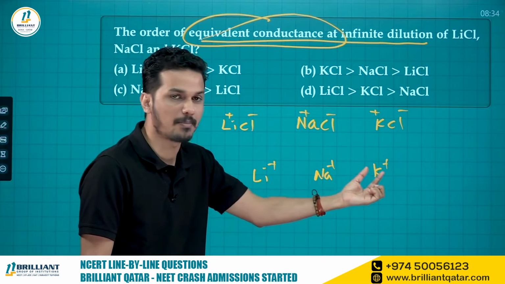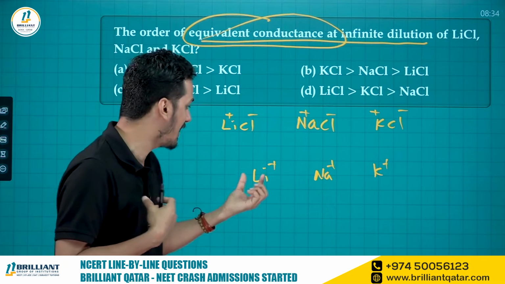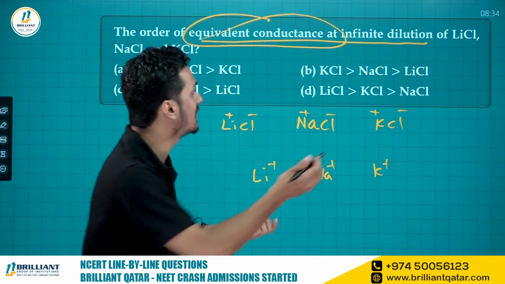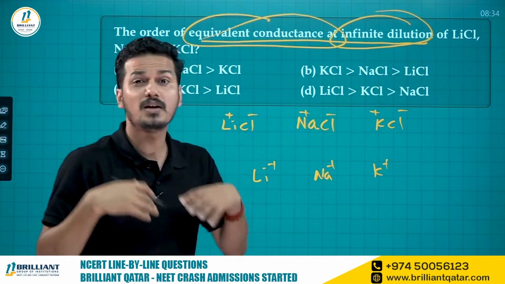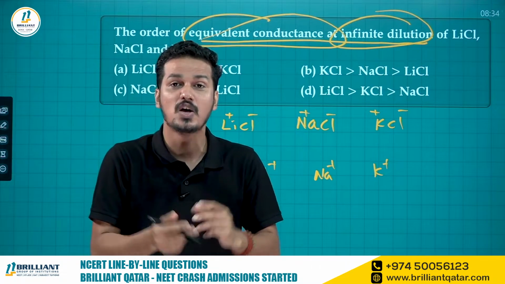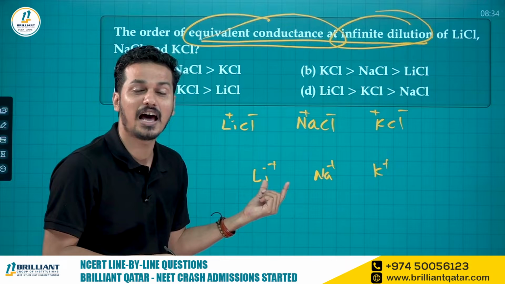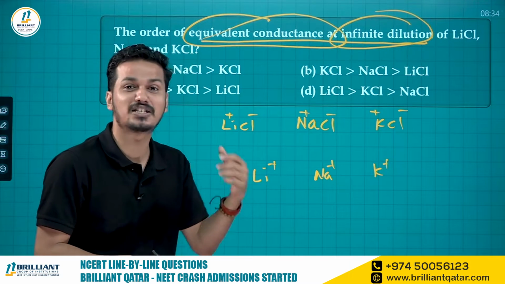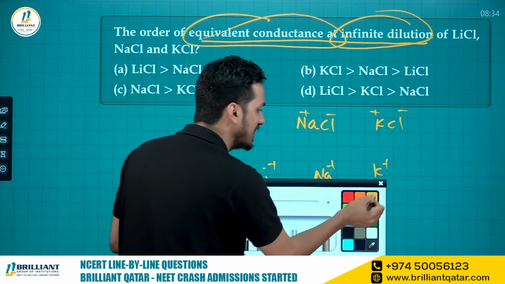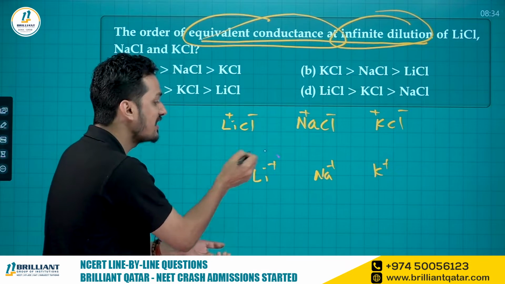Lithium plus is there, Na plus is there, K plus. We may think that the smaller the cation, the movement will be more. But the problem is that here they are telling infinite dilution, meaning much more water you are adding. The hydration enthalpy of lithium plus is much more, meaning this lithium plus has a high tendency to get hydrated with water.